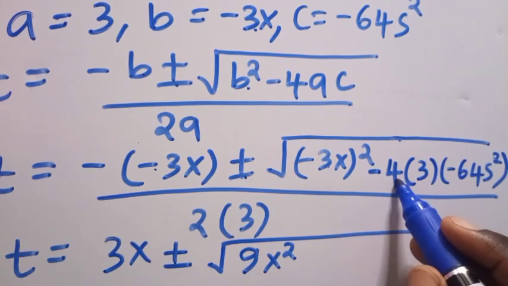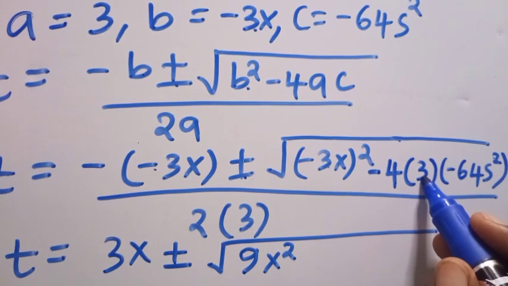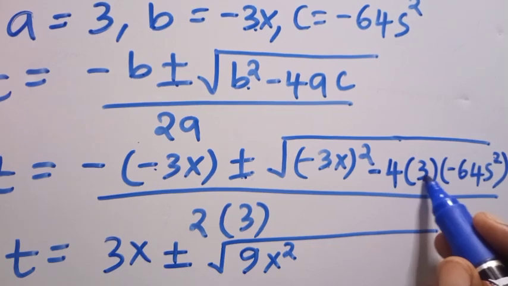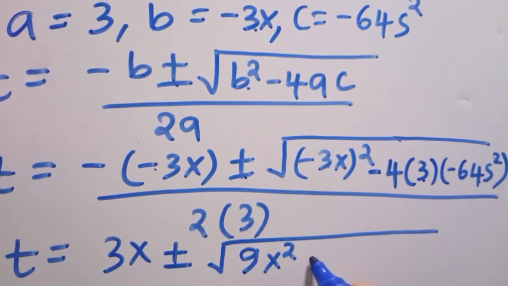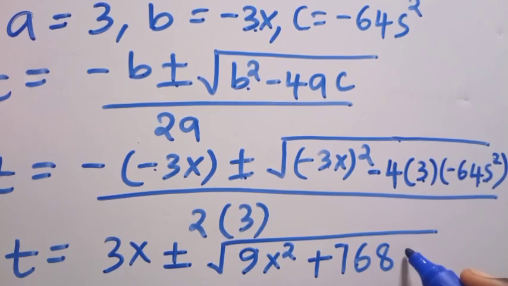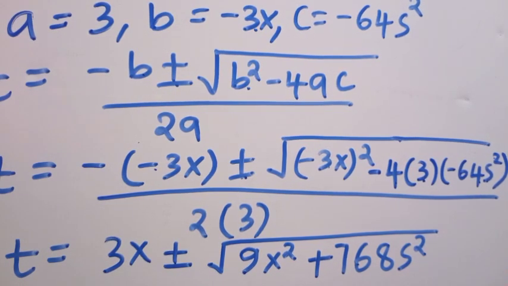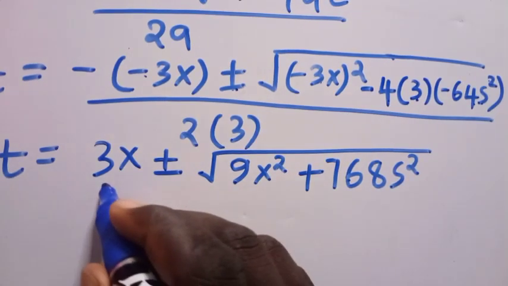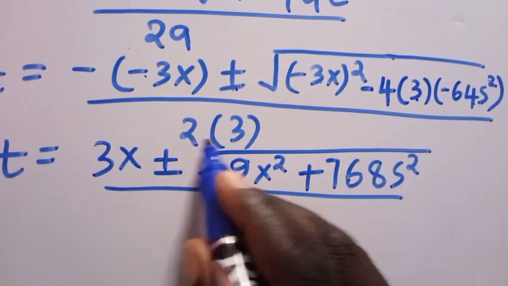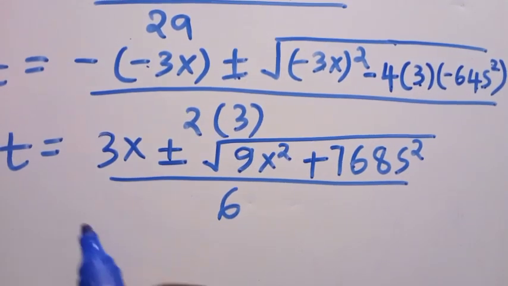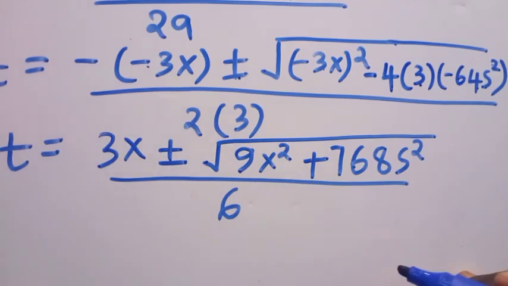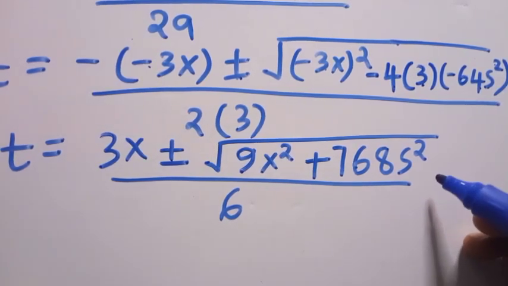Then negative 4 times 3 is negative 12, times negative 64s squared is positive 768s squared. Then all over, that is 2 times 3 is 6. And therefore, at this point, we have made t the subject of the formula.